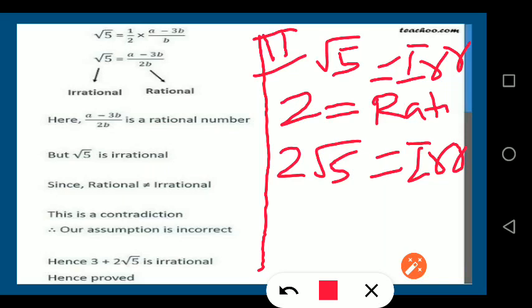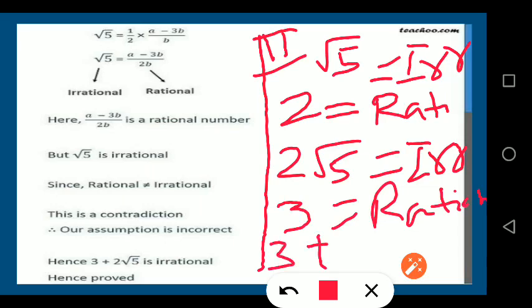So we got that 2 root 5 is an irrational number. Now we know that 3 is rational. So 3 plus 2 root 5 is irrational because the sum of a rational and an irrational number is always an irrational number.